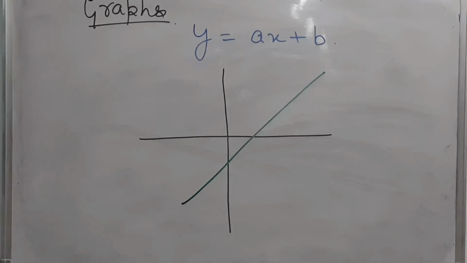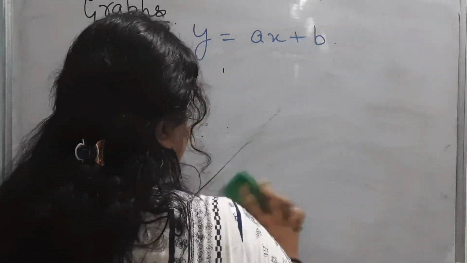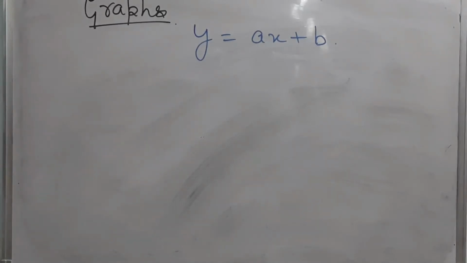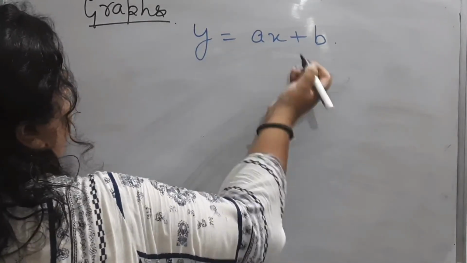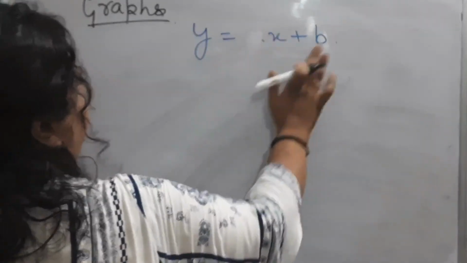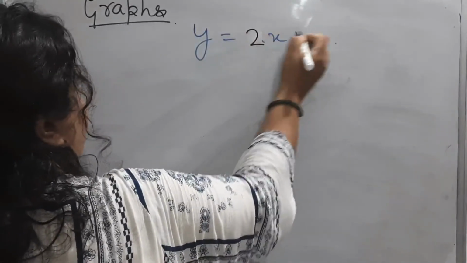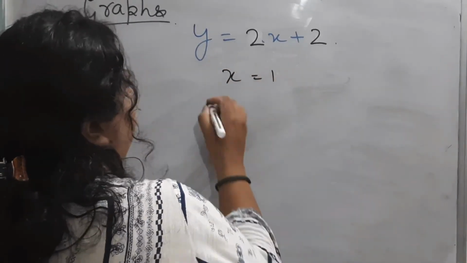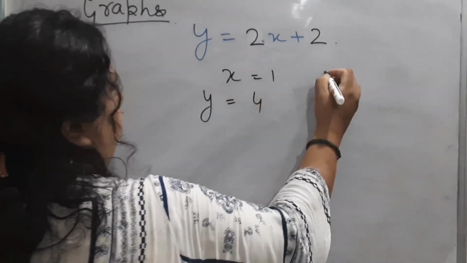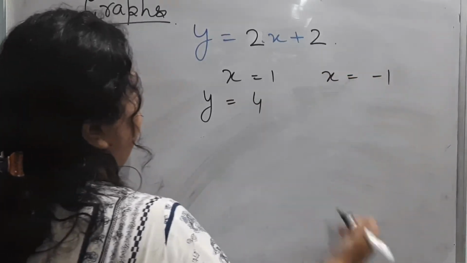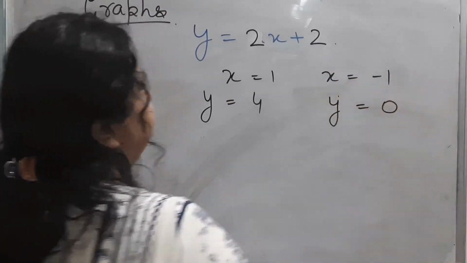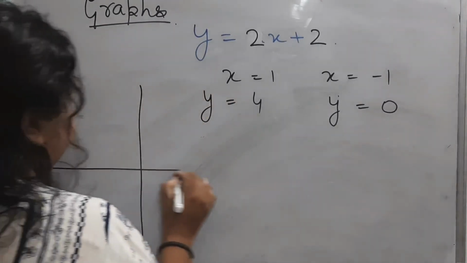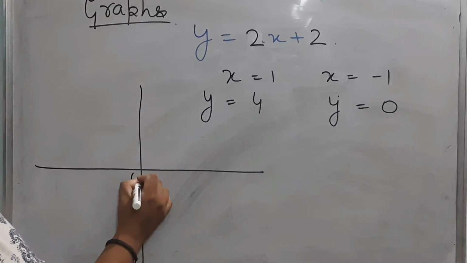Let's see an example. Suppose our equation is 2x plus 2. If we put x equals 1, then y equals 4. If we put x equals minus 1, then y equals 0. Now, plot these points on the graph. Suppose this is your graph and this is 0.